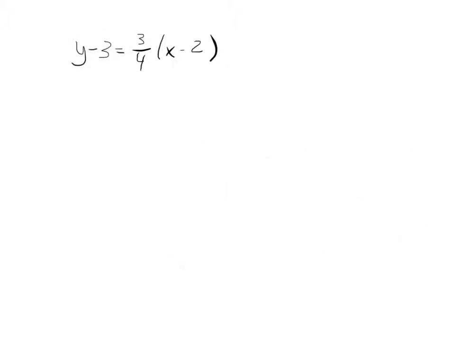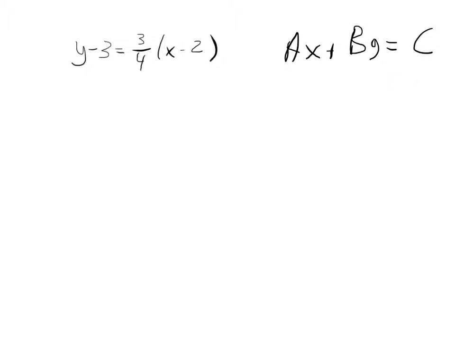So let's suppose I've got a point-slope equation for a line, and I then want to write it in what's called standard form, or general form. General form, ax plus by equals c. All I need to do is algebraically manipulate this and turn it into that.